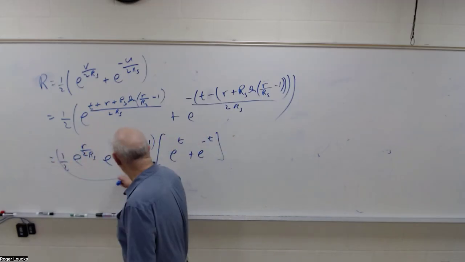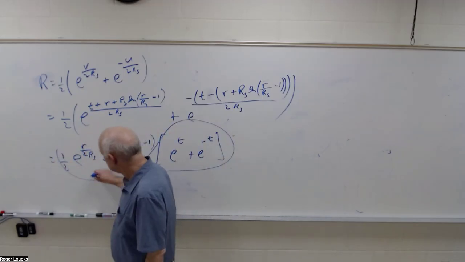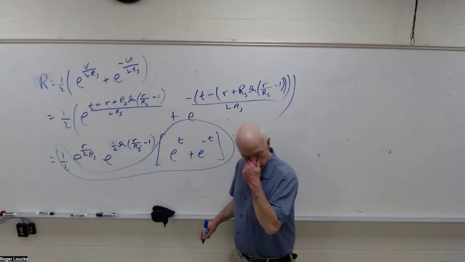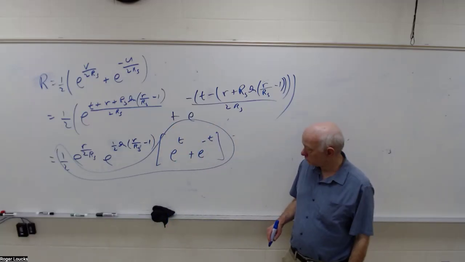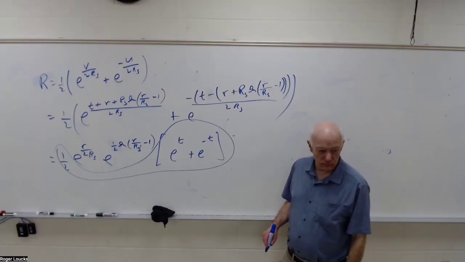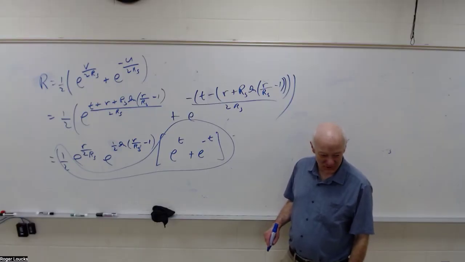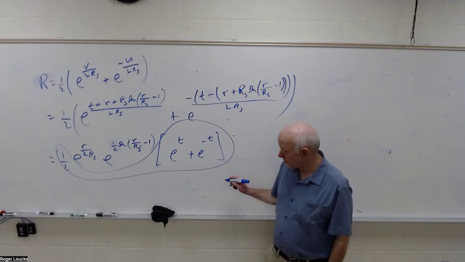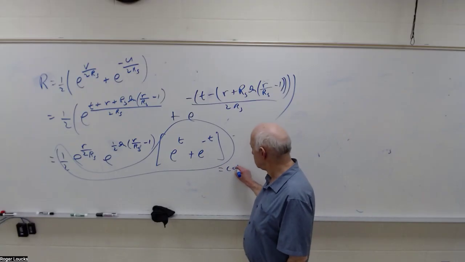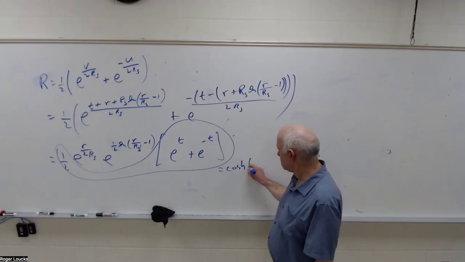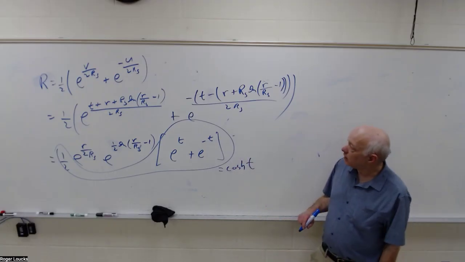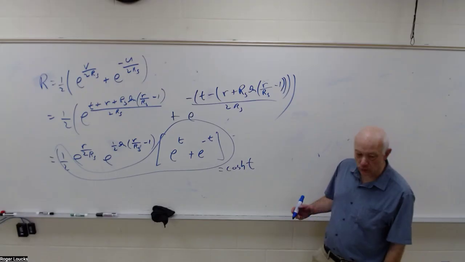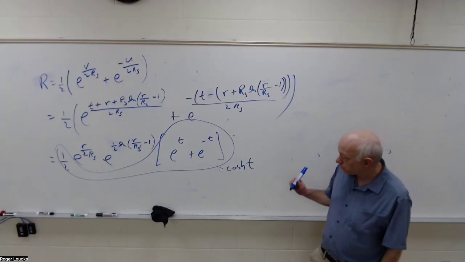Now, what does this piece here go to? Hyperbolic sine? Cosine, because it's an even function. Okay, so this is some cosh. And then the other one we had the sinh.